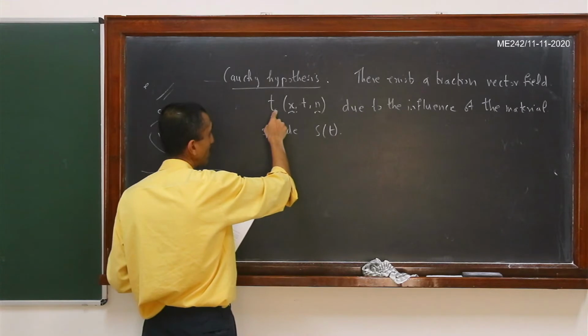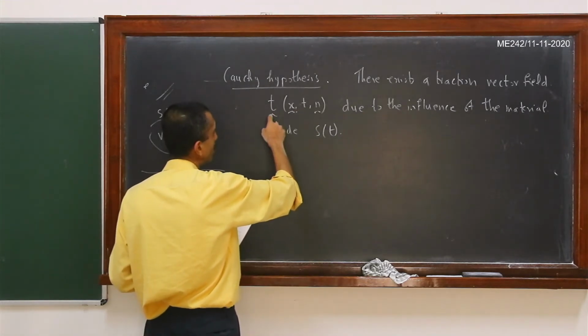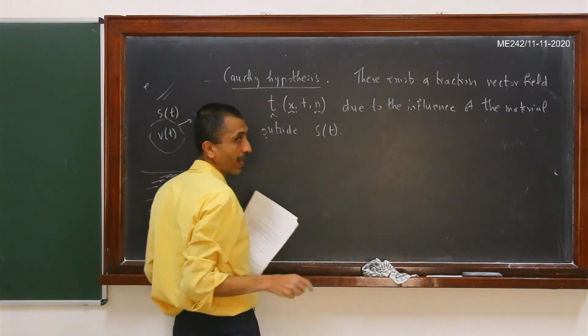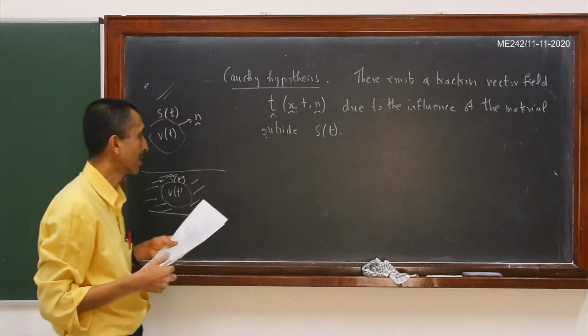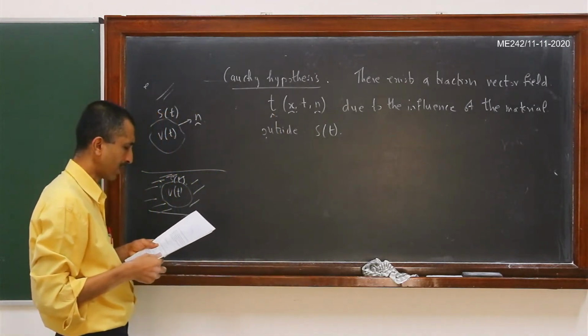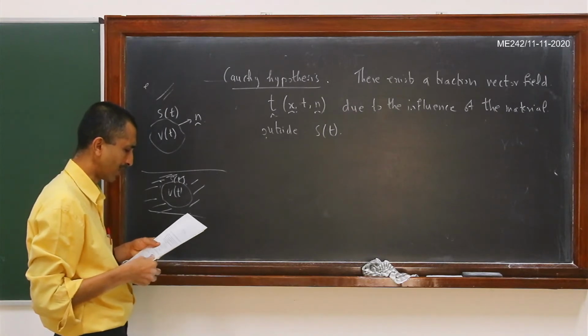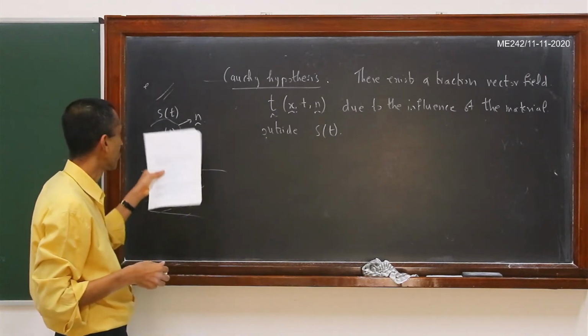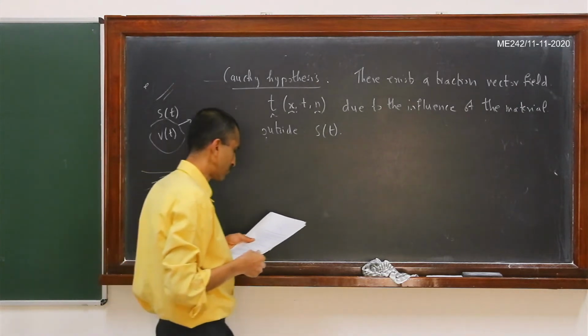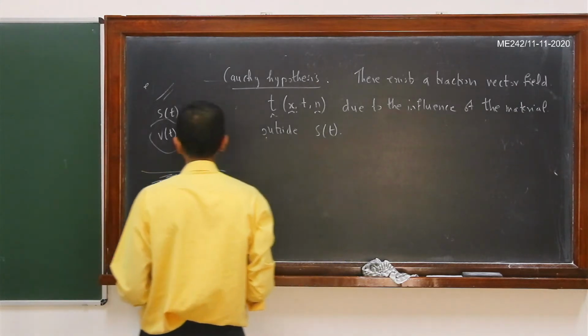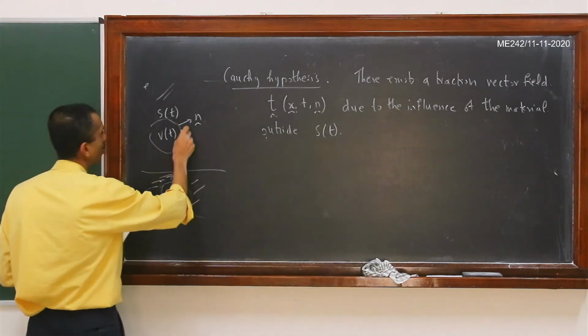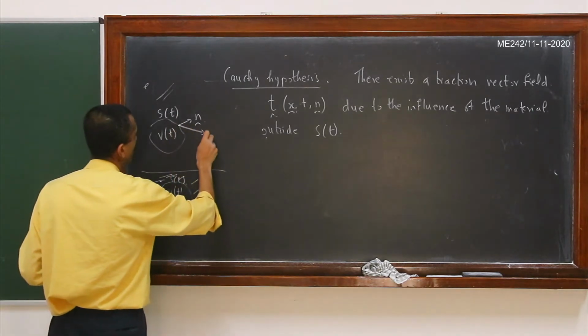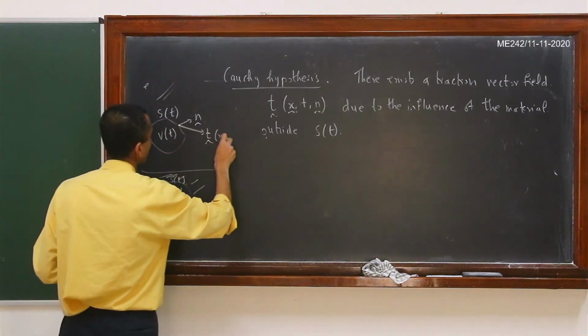This traction is a vector field, so we denote it by the same symbol, but I will put a tilde below it to indicate that it is a vector, the traction vector acting on the surface S of t. Fine. So this T of x, t, n acts something like this.